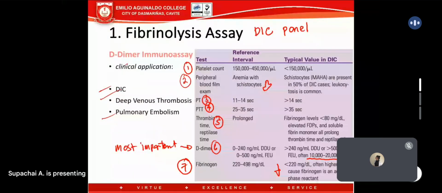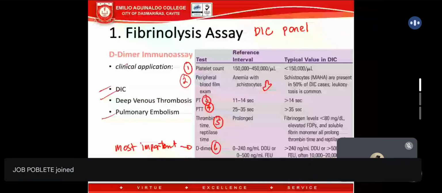Number 6 criterion is the most important criterion for the diagnosis of DIC, and that is your D-dimer. Again, it depends on what unit of measurement you are using, DDU or FEU. If you're using DDU, it should be more than 240 nanogram per ml. If it's FEU, it should be more than 500 nanogram per ml.